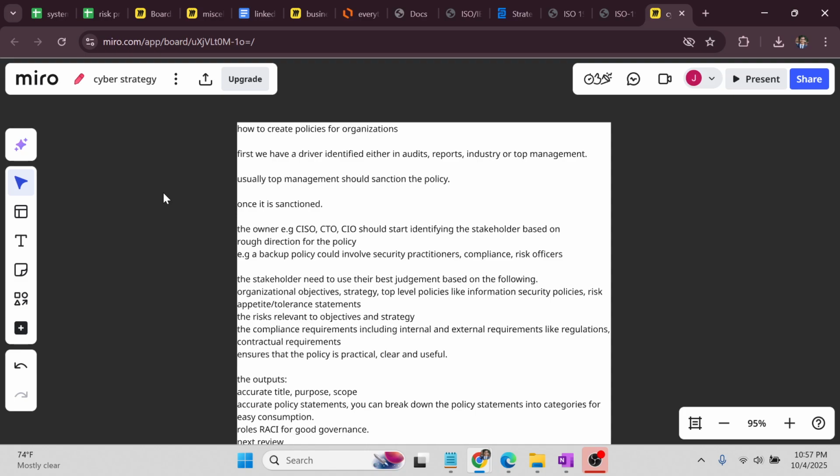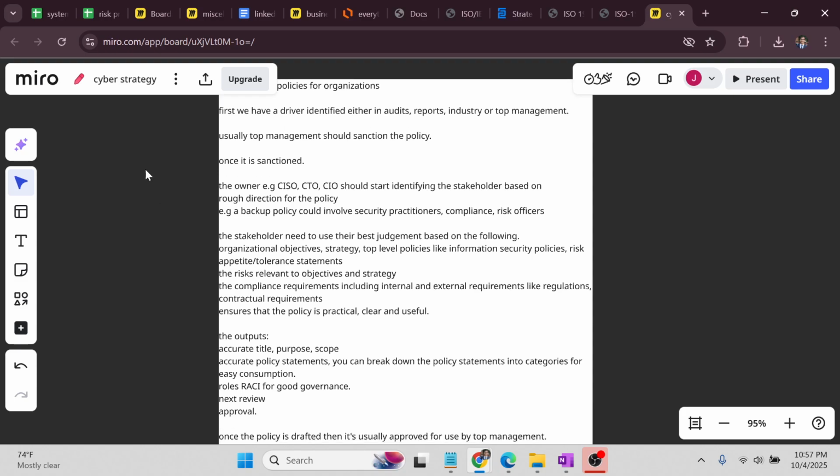So there is a driver. Having a driver is extremely important because when the owner is assigned to the policy, the owner should ask for some details, and having a driver is very useful for the purpose, the scope, and the policy statements.